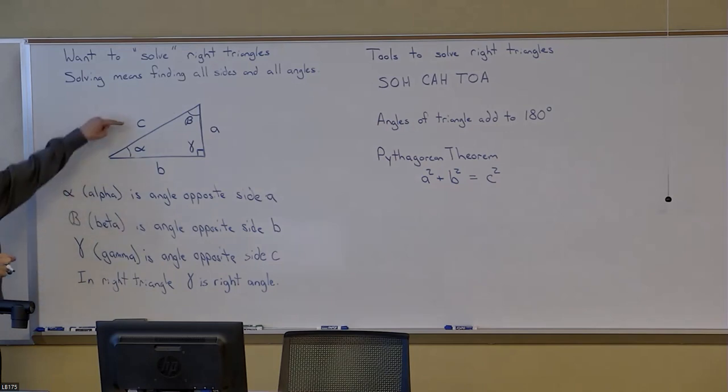And again, C has to be the hypotenuse length. You can't rearrange that. A and B have to be the leg lengths in a right triangle.